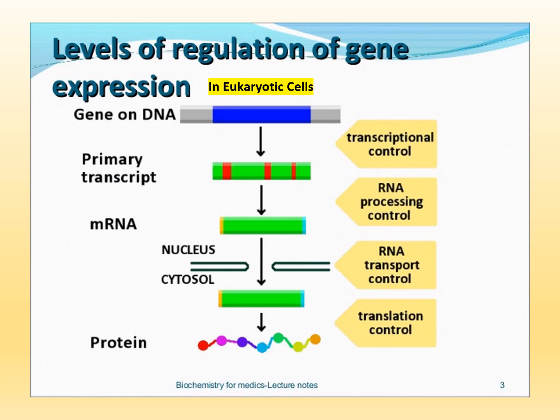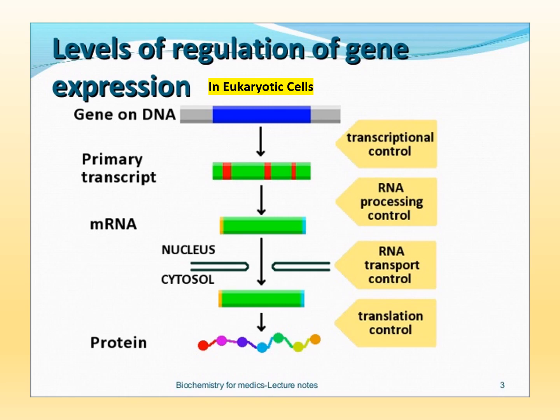So this is just an image to show you a little bit about the different levels of regulation when we're talking about gene expression in eukaryotic cells. Again, this only has to do with eukaryotic cells because we really only have one level of regulation in prokaryotic cells. If we go through transcription and translation, essentially at every step we have some control.